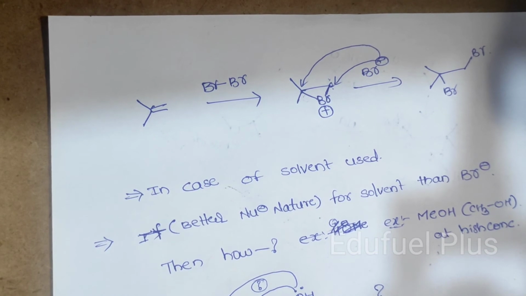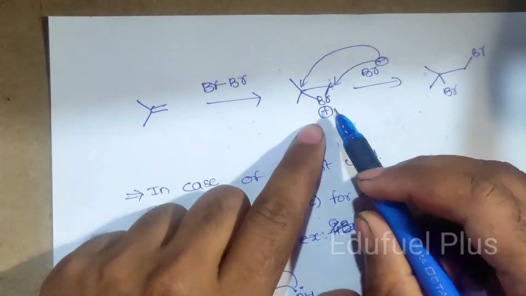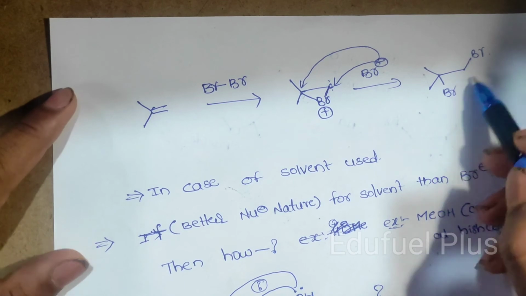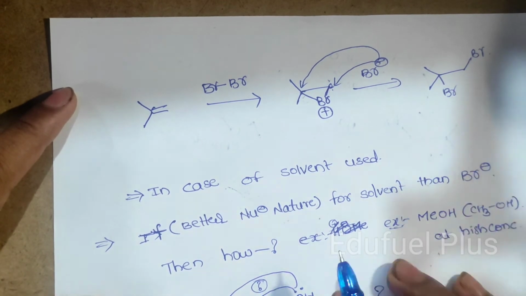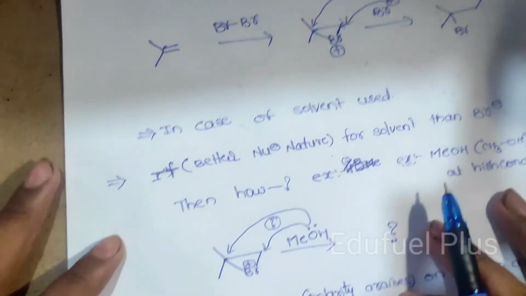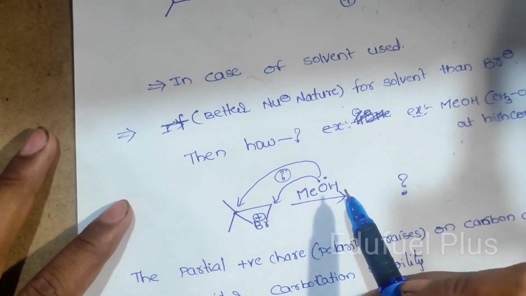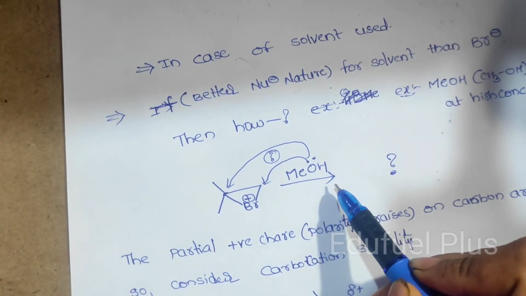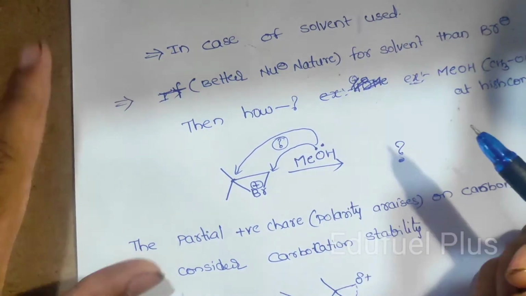I hope you got this very clear. This will be very useful when we use a different solvent, because in this case both molecules are bromide, so there is no confusion about the product. But when the solvent we use is different, for example methanol, this confusion will arise.